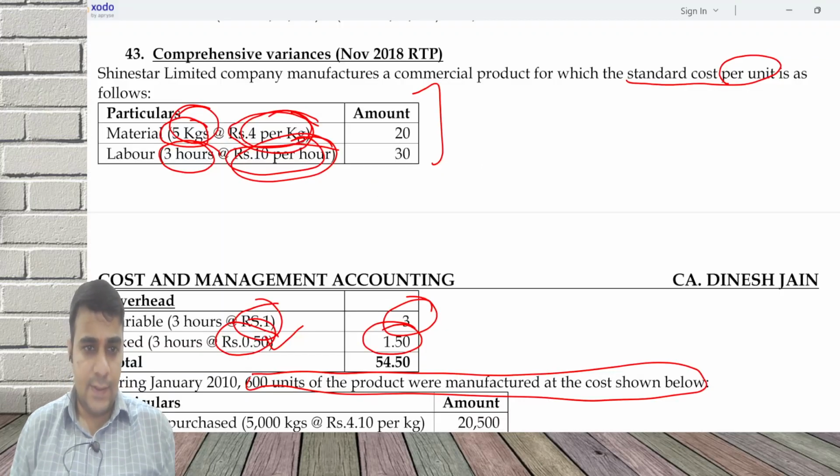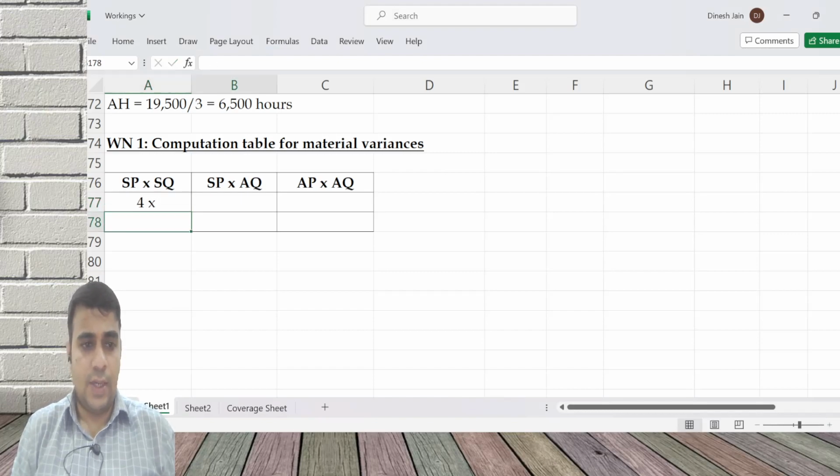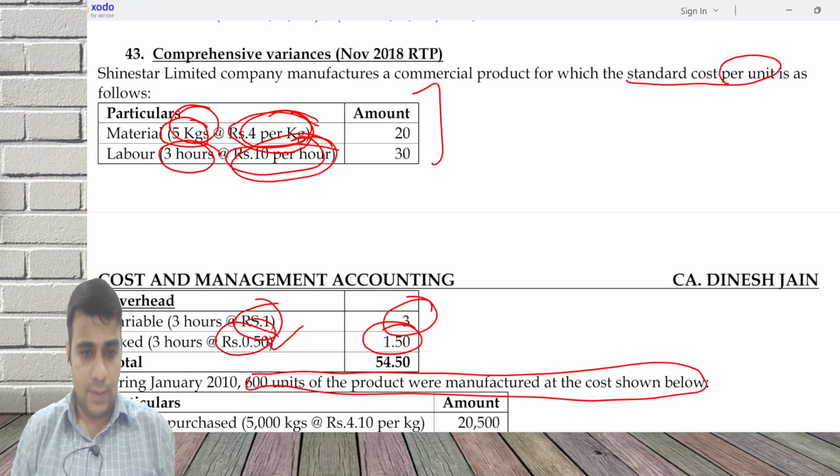Standard price is given, you can check in case you have a doubt.